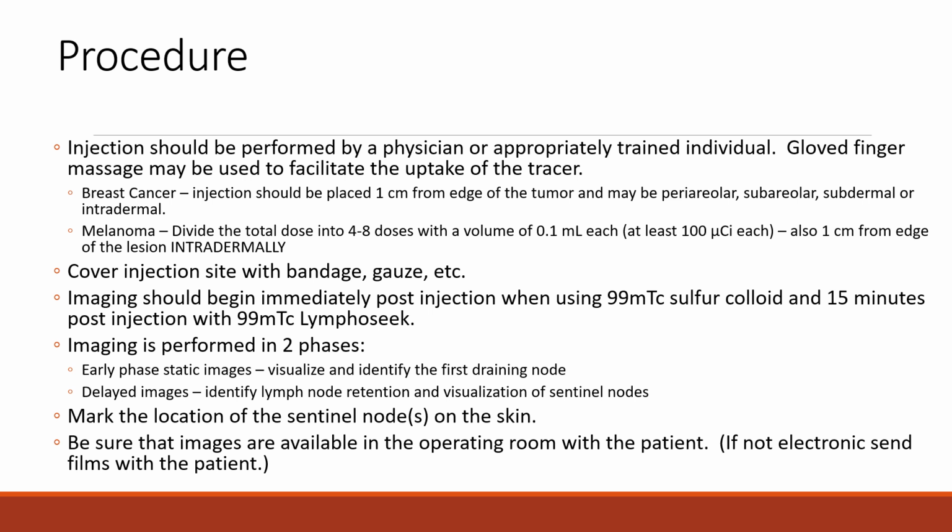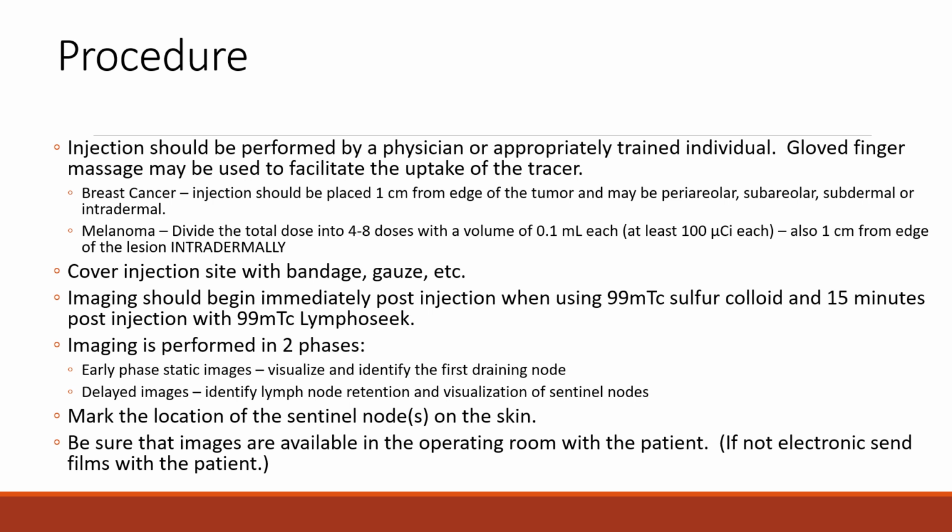With breast cancer, the injection should be placed 1 centimeter from the edge of the tumor. Now, I'm sure there's a lot of research on this, but it seems really crazy to me. There's not enough definitive research saying that this actually helps. There's research saying it does and research saying it doesn't. Some doctors will inject around the nipple or even right into the nipple.